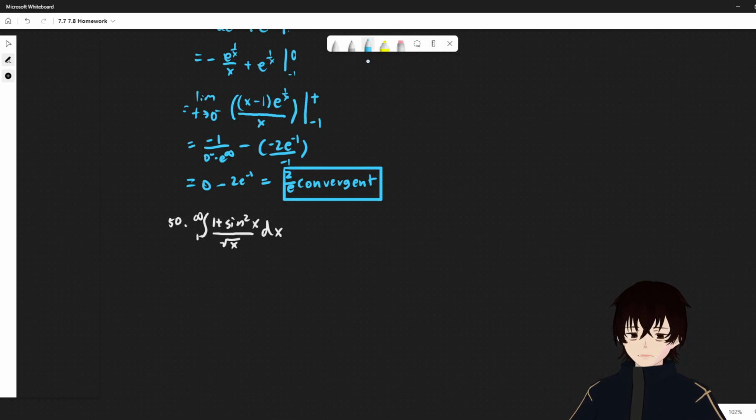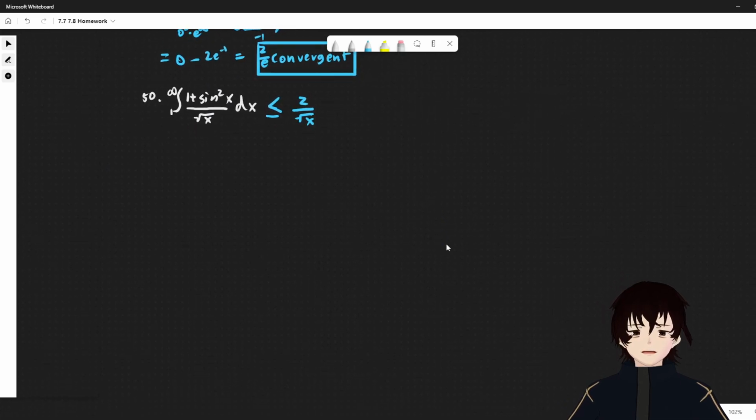Okay. So 1 plus sine squared x, we can say that is less than or equal to 2 over square root of x. And now if we can prove 2 over square root of x to be convergent, then we can prove that. So let's do that.